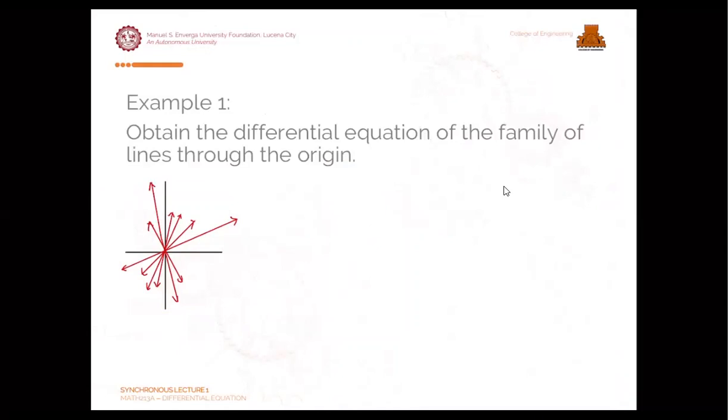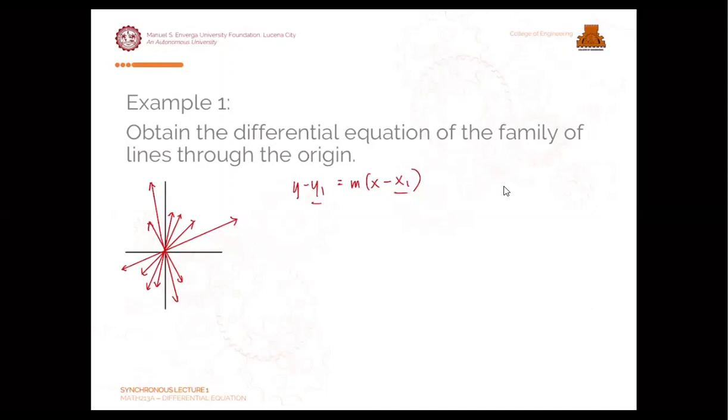So, we have equation ng line as pwedeng yung 2-point form, no? So, try ko yung 2-point form ng line. So, we have y minus y sub 1 is equals to m times x minus x sub 1. Okay? So, yung y sub 1, x sub 1, ito yung point na same sa kanila.